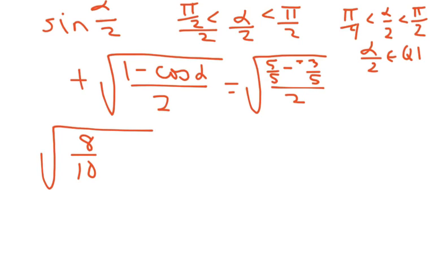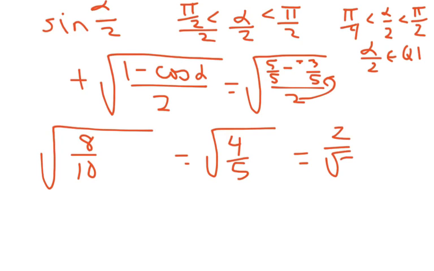And I'm multiplying these two, which is the same as 4 over 5, which is the same as 2 over root 5, which is the same as 2 root 5 over 5 when you rationalize the denominator.